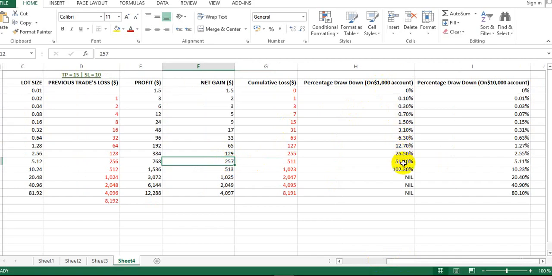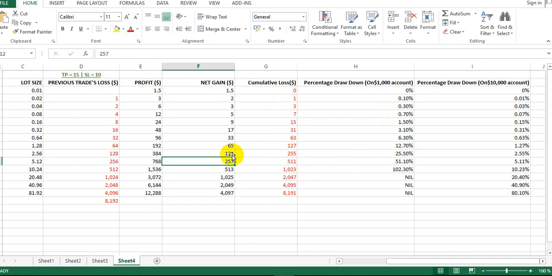You've lost 51% of your money in the process. Of course, when you make $257, you've gained everything back. You have no loss. The drawdown refers to the loss on the way to profit, so it's not as if you end up with a 51% loss. It means that on the way to profit, your cumulative loss summed up to 51%.